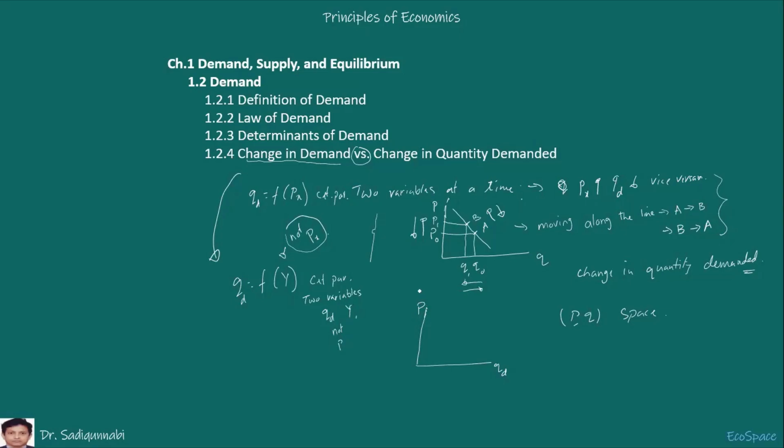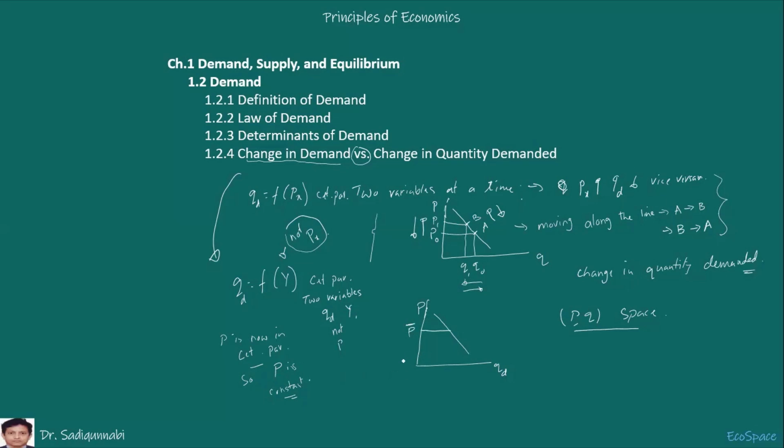You are not going to change this PQ space. You just say that our original demand function is this. So P is now in ceteris paribus, so P is constant, P bar.